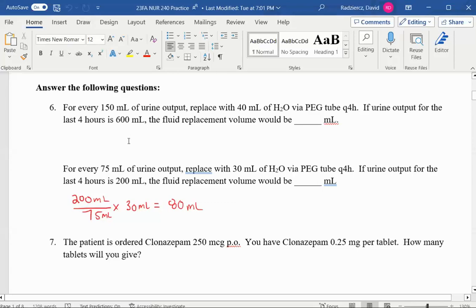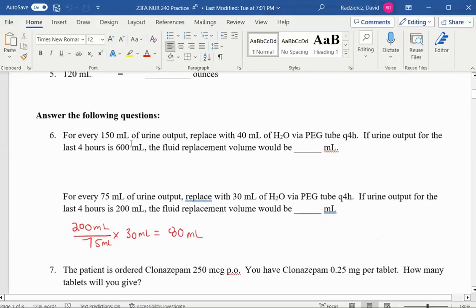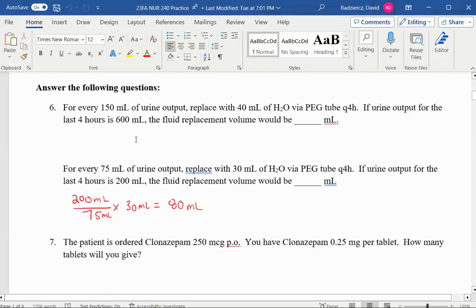All right. So the trick to these urine output type questions is just knowing how to organize the question.